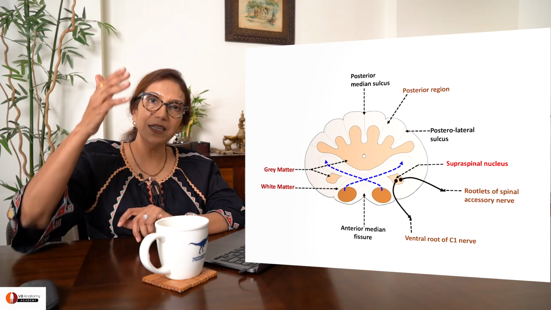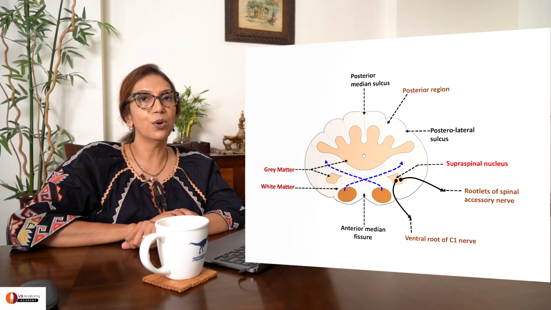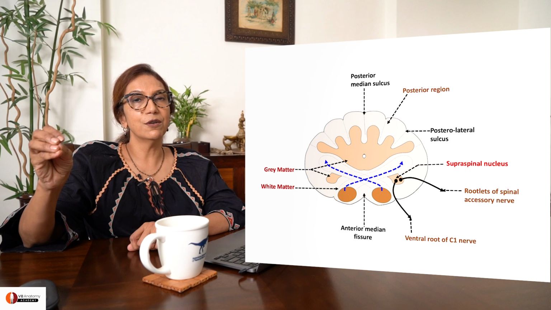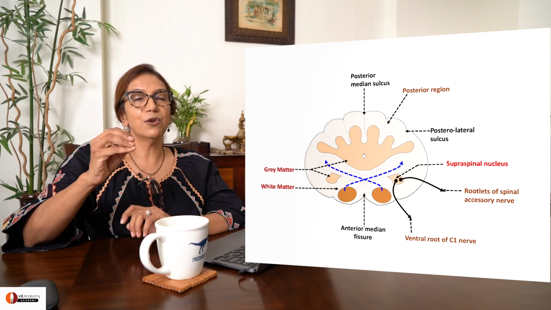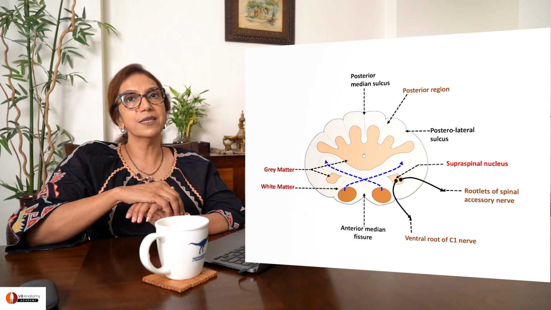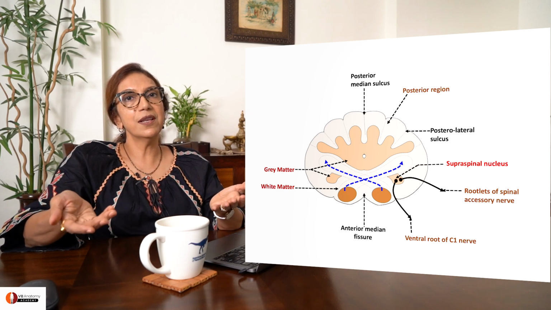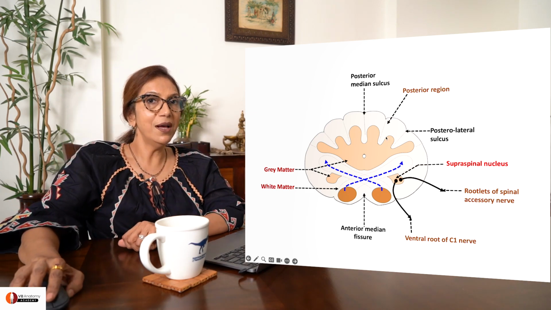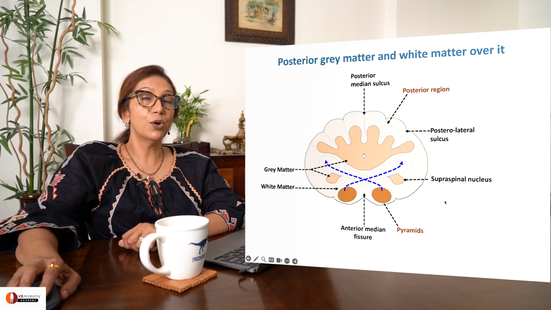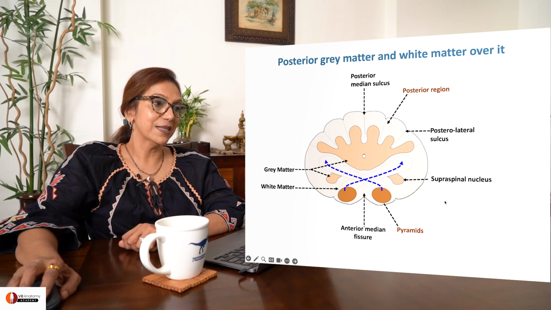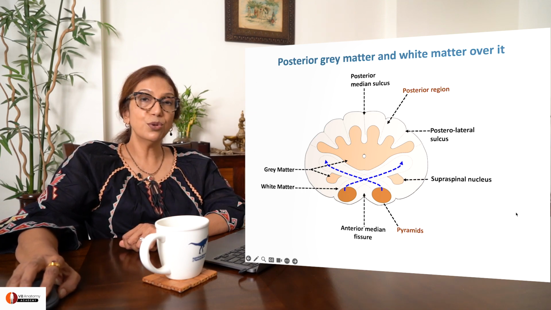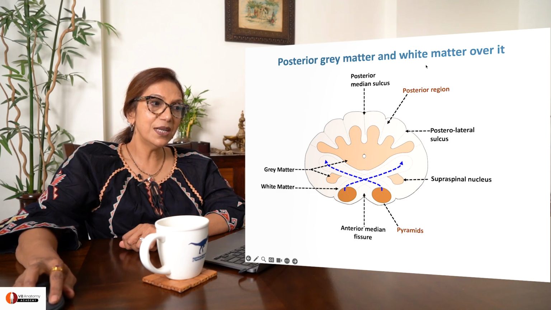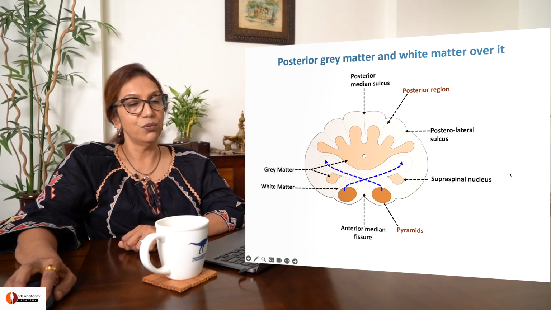Similarly, emerging downwards, extending into your spinal cord, are the rootlets of spinal accessory nerve. Both these nerves take origin from supraspinal nucleus, which is actually the central gray matter broken off because of the crossing corticospinal fibers. So now we've understood quite a bit. Let's talk now about the posterior gray matter and white matter over it.